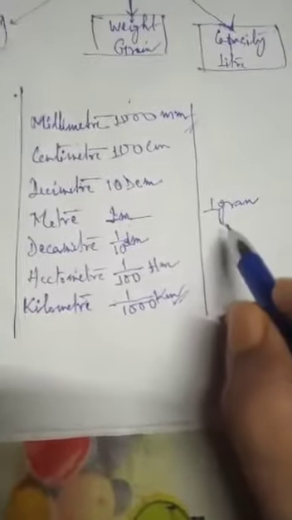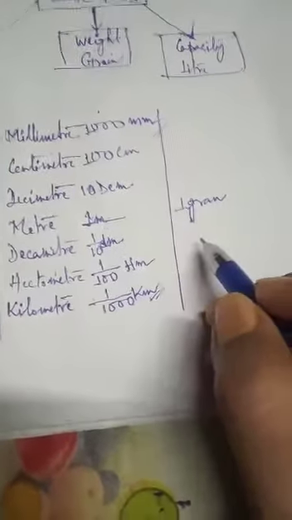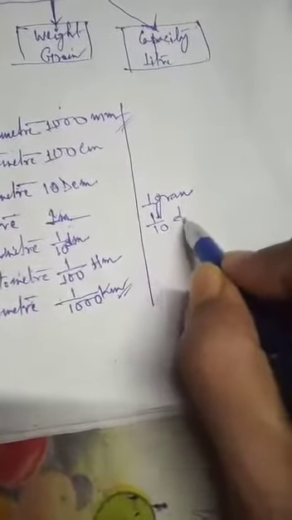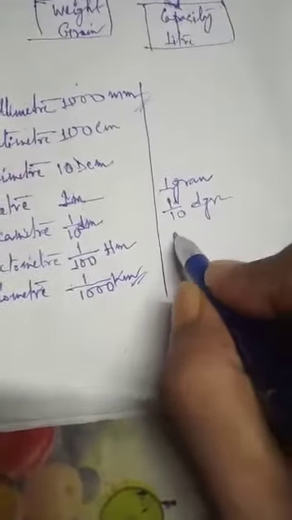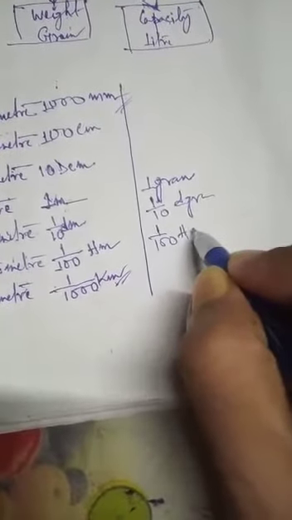Similarly, if it is 1 gram, and it goes downward, then it will be 1 by 10 decagram. Again downward, then 1 by 100 hectogram.